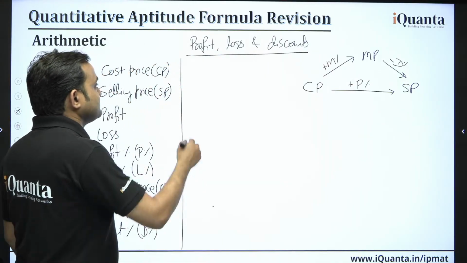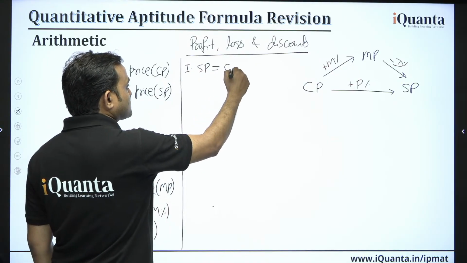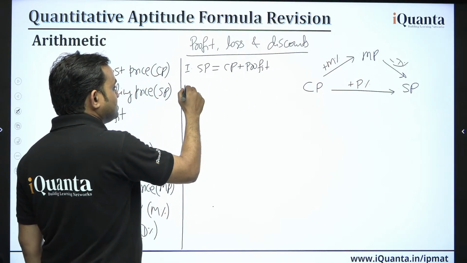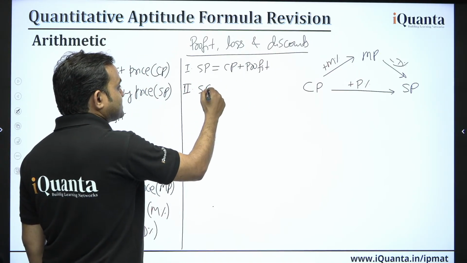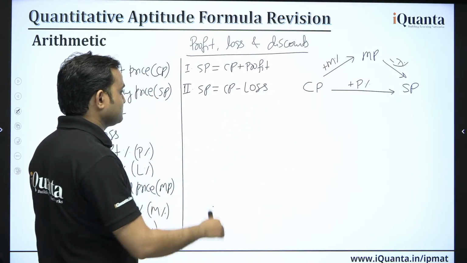What we can say? That selling price will be equal to cost price plus profit. Okay. Second, selling price can also be written as cost price minus loss.